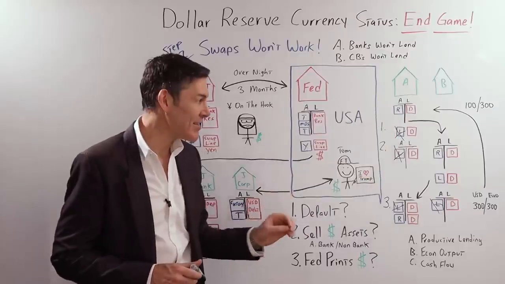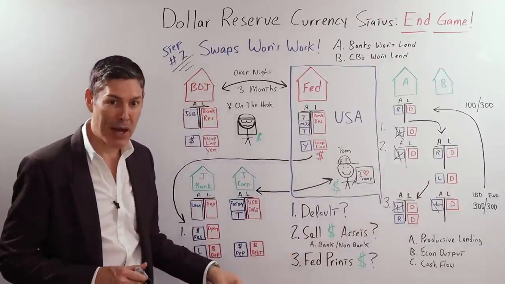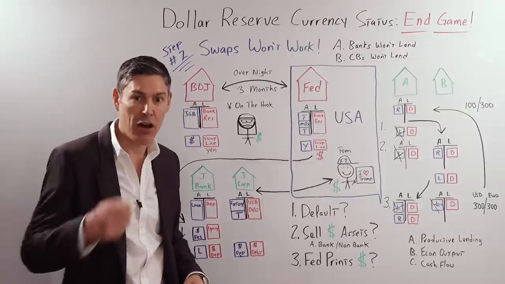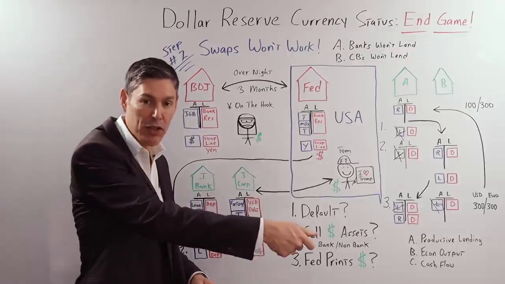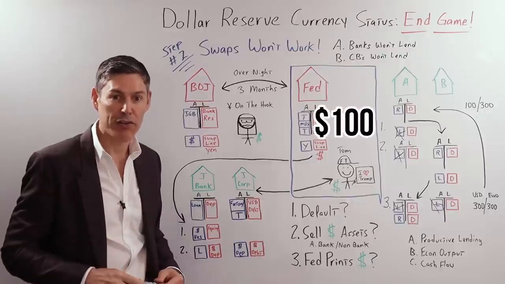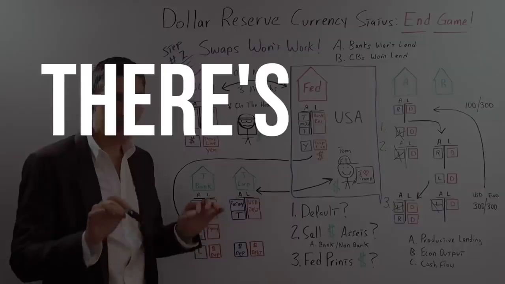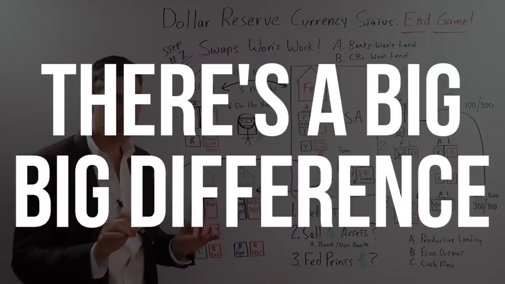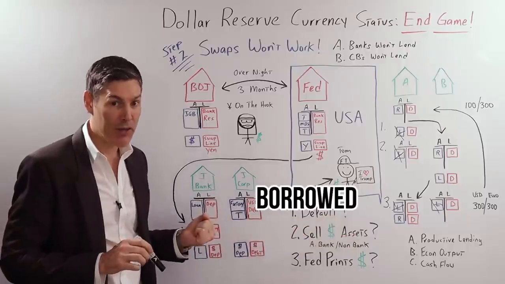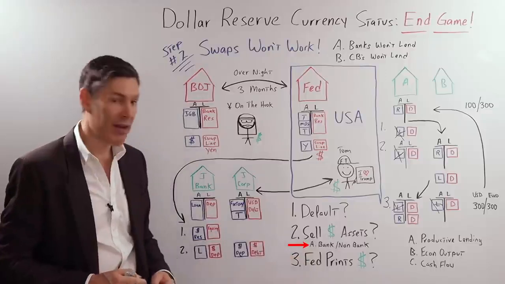But if there's existing money supply that's actually loaned out by a non-bank entity, let's say you just get a loan from one of your buddies that takes a $100 bill out of his pocket, gives it to you, you give it back to him, and there's still $100 of money supply that exists. So just to reiterate, there's a big, big difference of whether or not the money was originally borrowed and therefore paid back to a bank or a non-bank entity.